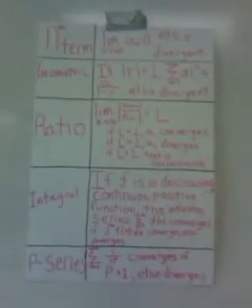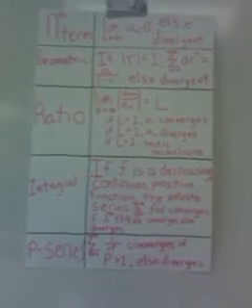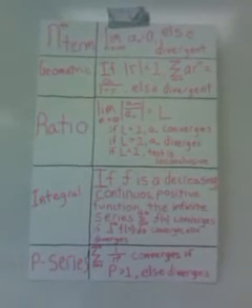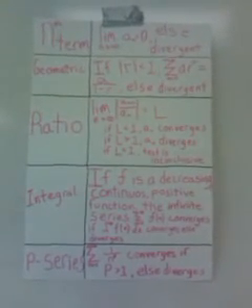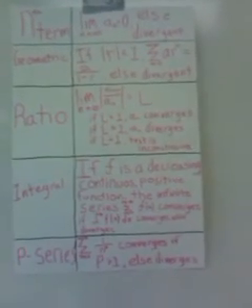If it's greater than 1, a sub n diverges because we're adding non-zero terms. And if L is equal to 1, the test is inconclusive. If we are adding terms that are the same, we can see that in some cases it converges and in some cases it diverges. There's also the integral test.